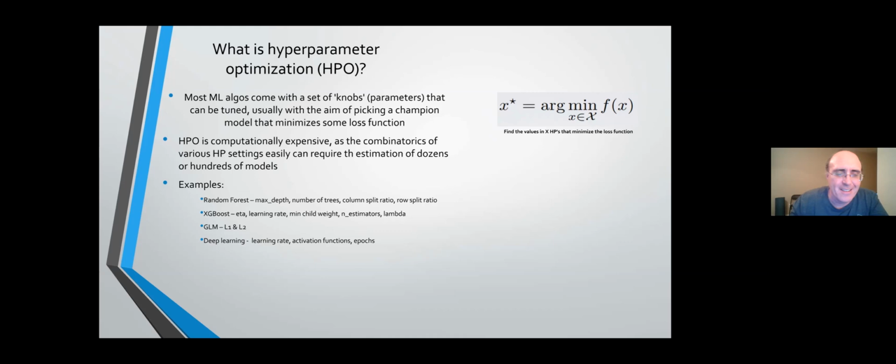So for example, maybe it finds that the group that has 10 or more late payments on their credit report has maybe an 80% default rate, and the people who don't have a 20% default rate, then it's going to split on that value.